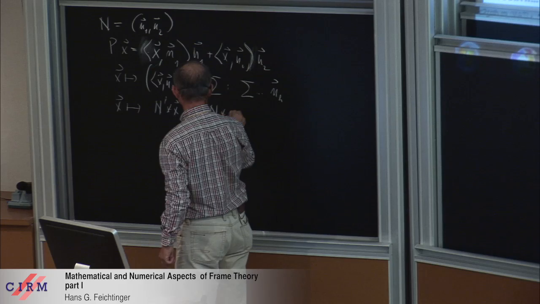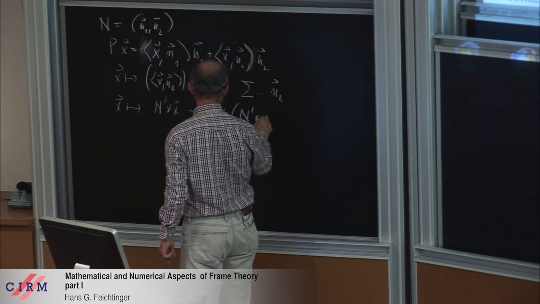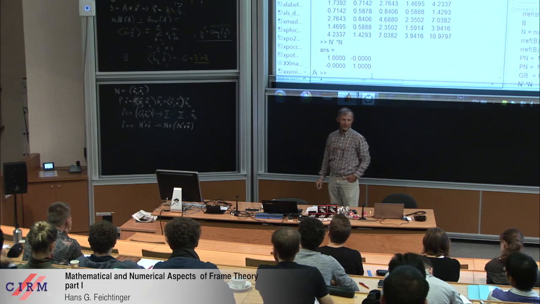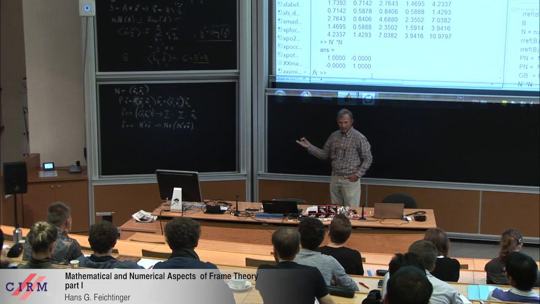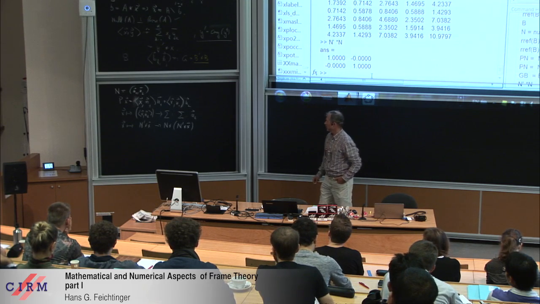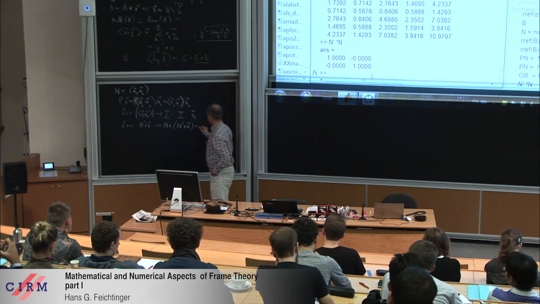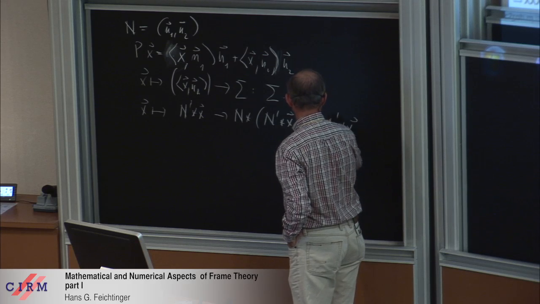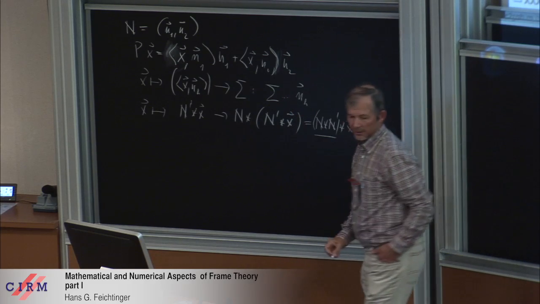You are doing N with N prime with x. That's what we are doing in order to really write down the projection onto a subspace having an orthonormal basis. And because of the associativity law, the matrix is just N with N prime.